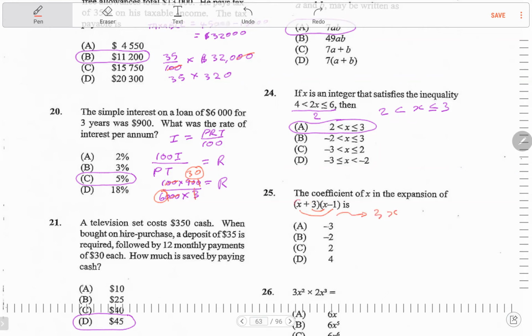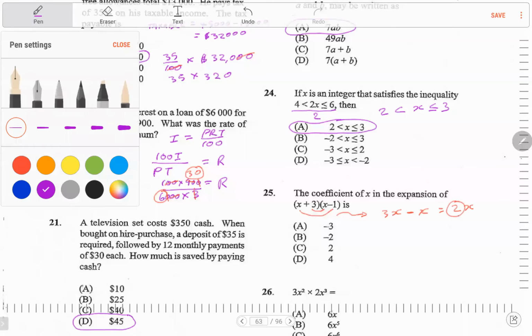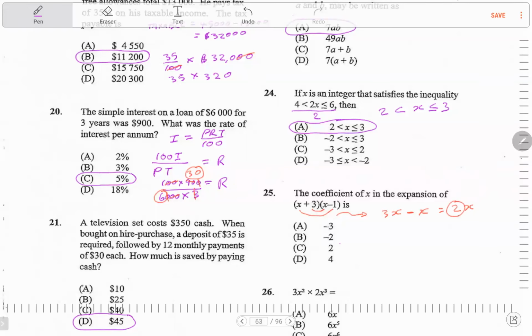And then this will be minus x. X times minus 1 is minus x. So it's 3x minus x. So it will be 3x in the middle product, or the near product, minus the far product is minus x. So it will be 2x. So the coefficient is 2. Coefficient is a number in front of x. 2.